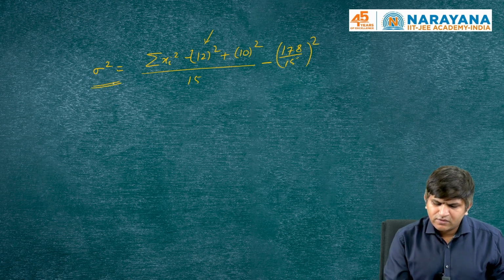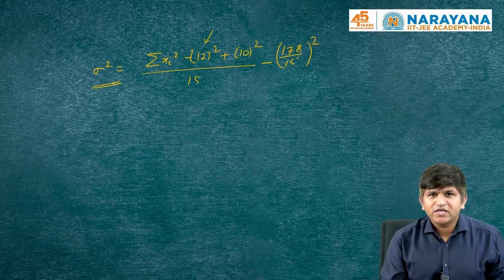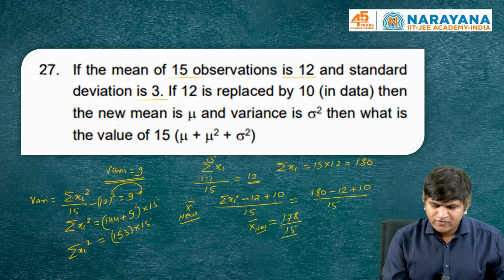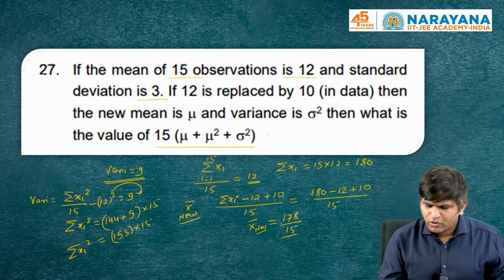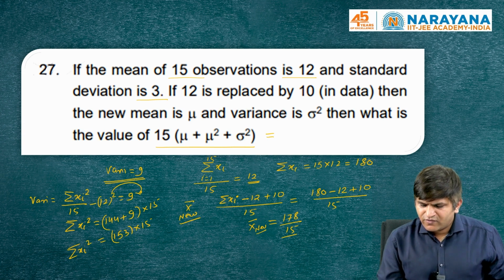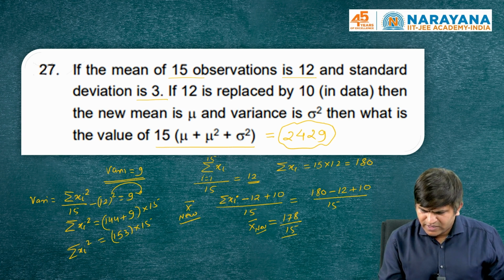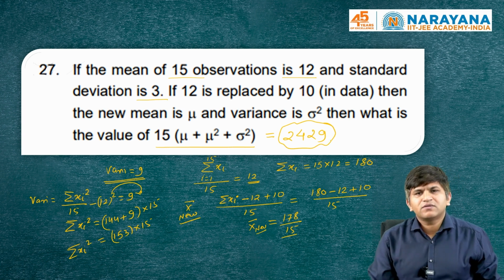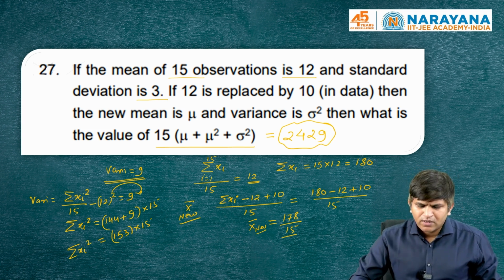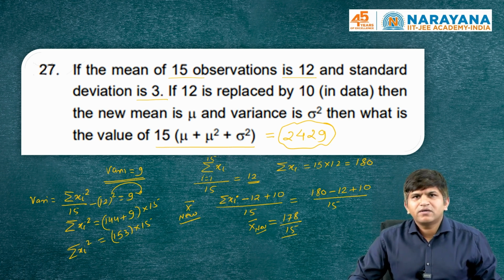So this will be the variance we are getting, and we have to evaluate this value. After putting all these values here, we will get that value, that will be 2429. So some calculation will be there, otherwise it is a simple problem based on variance and standard deviation.